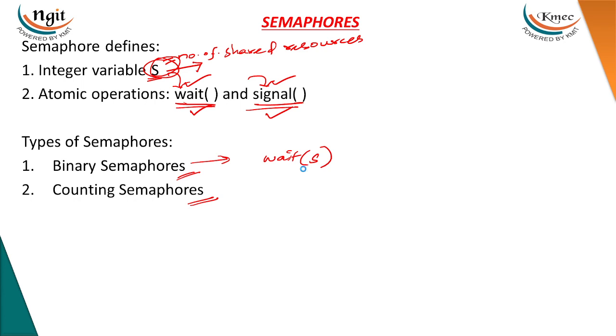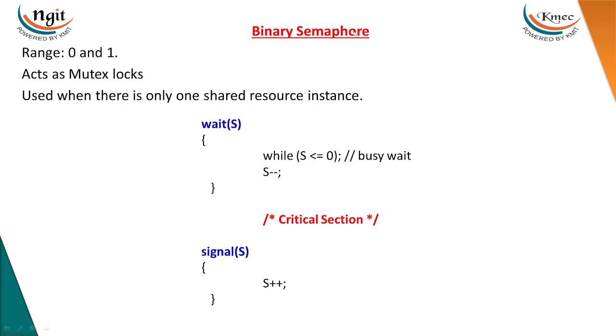First we will see the binary semaphore. This binary semaphore is used only when there is one shared resource. So if there is only one shared resource, we will use binary semaphores. That means we use it to lock the processes.